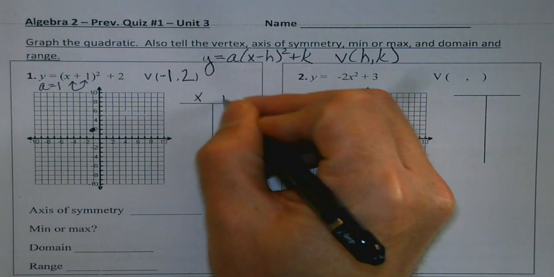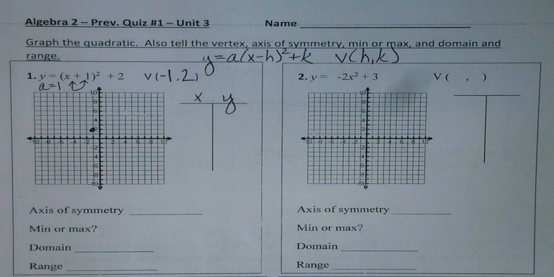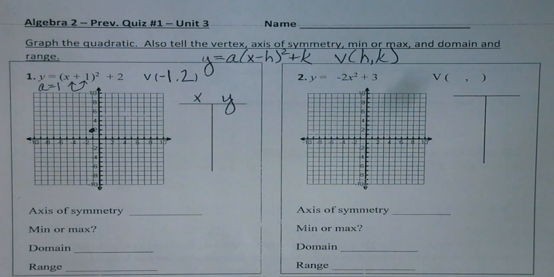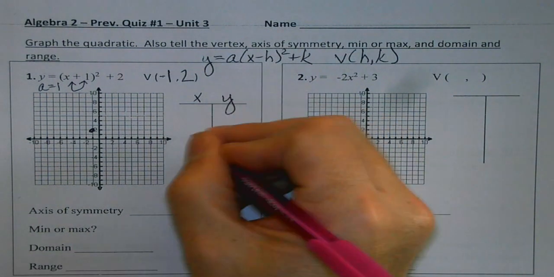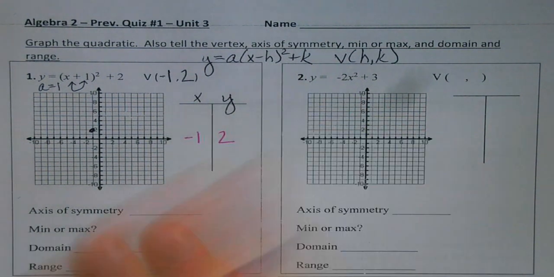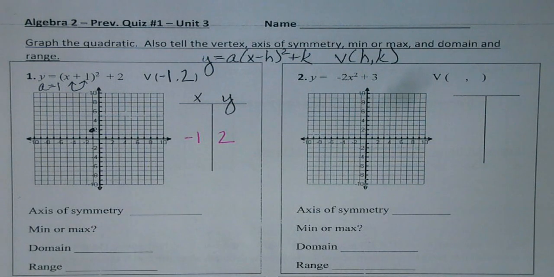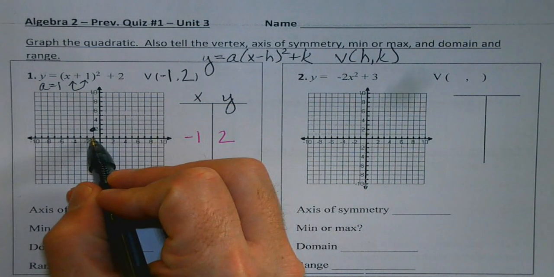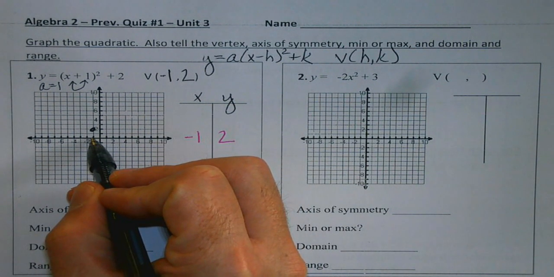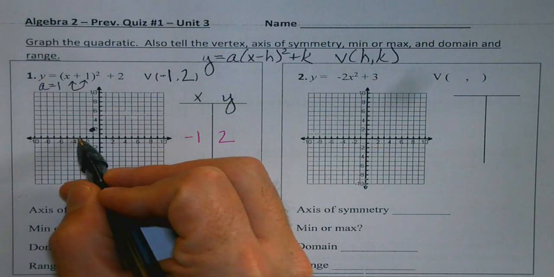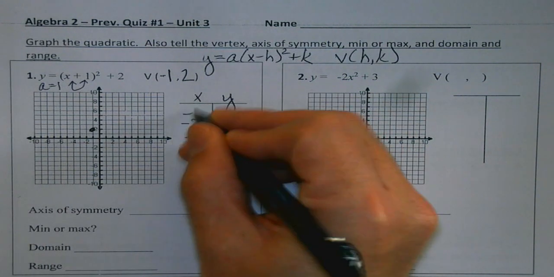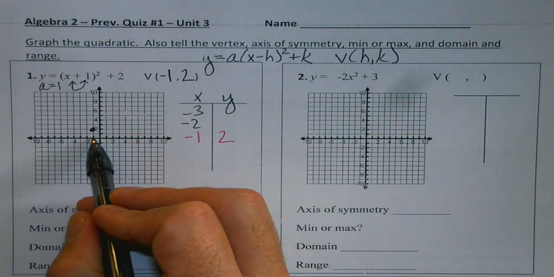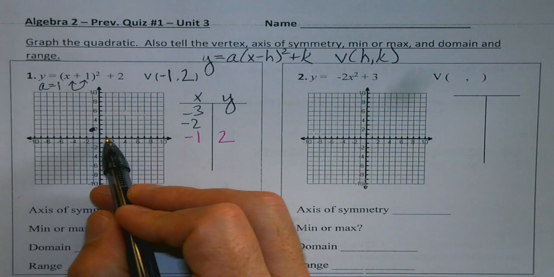We can do what we've been doing here with some of you and make a little chart. And when I make that chart, I can stick my vertex in the middle. And we've spoken about how once I know where that is, I want 2 x values to the left, negative 2, negative 3, and 2 x values to the right, 0 and 1.